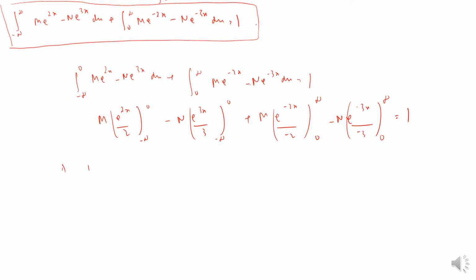This will be m into, anything power 0 is 1, right, 1 minus e power minus infinity, that is 0, by 2, minus n into 1 minus 0 by 3, plus m into 0 minus 1 by minus 2.